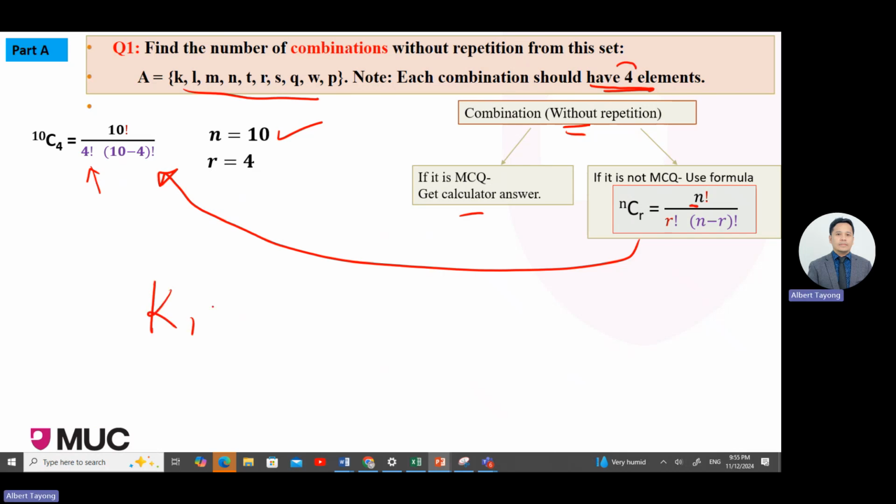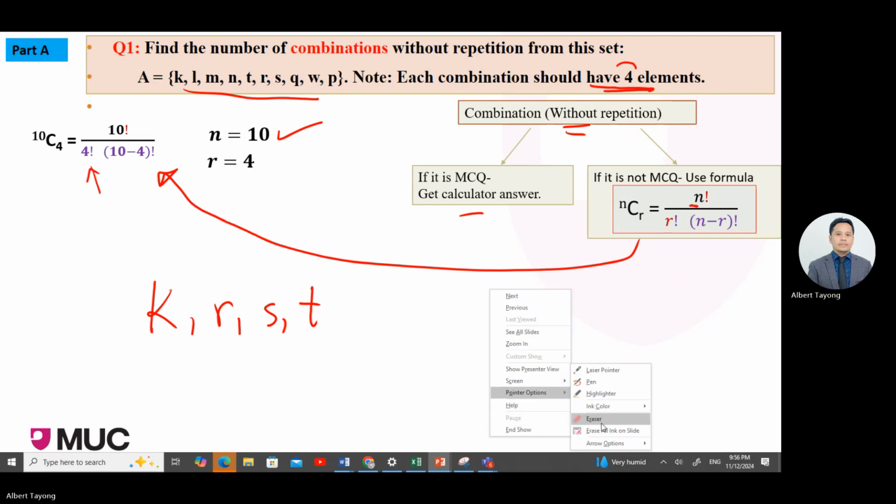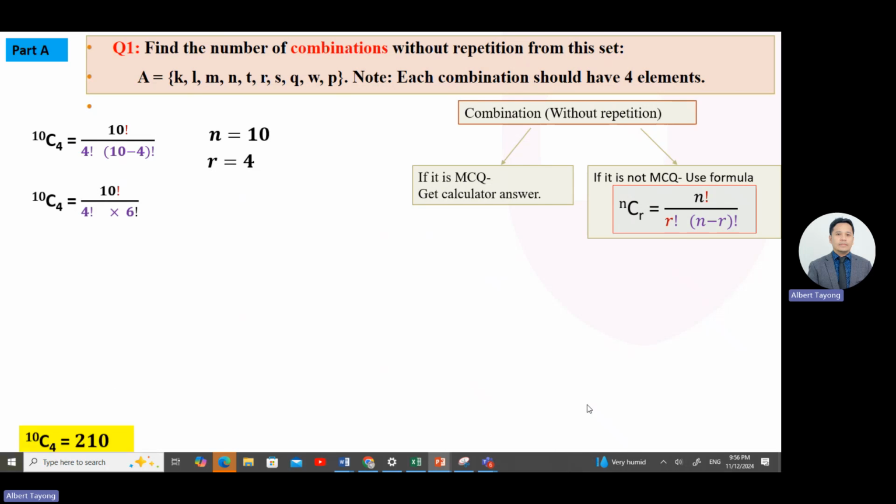As I said, an example of that is this: 4 elements in every group. So below is n minus r factorial, that is 10 minus 4 factorial. So the answer here is actually 210.